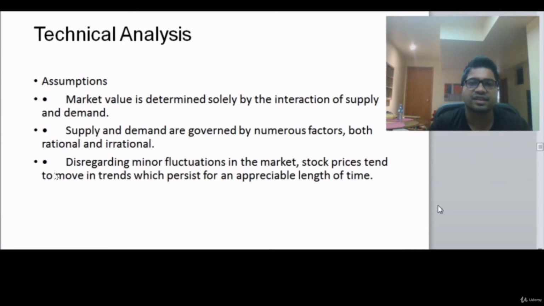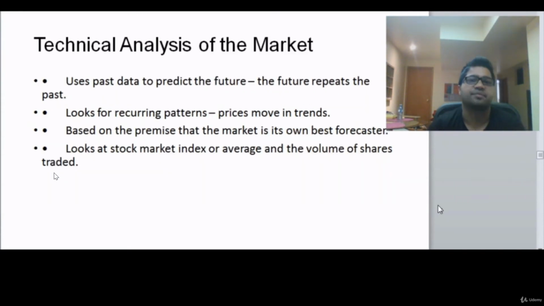Another assumption of technical analysis: market value is determined solely by the interaction of demand and supply. Supply and demand are governed by numerous factors, both rational and irrational. Disregarding minor fluctuations in the market, stock prices tend to move in trends which persist for an appreciable length of time.